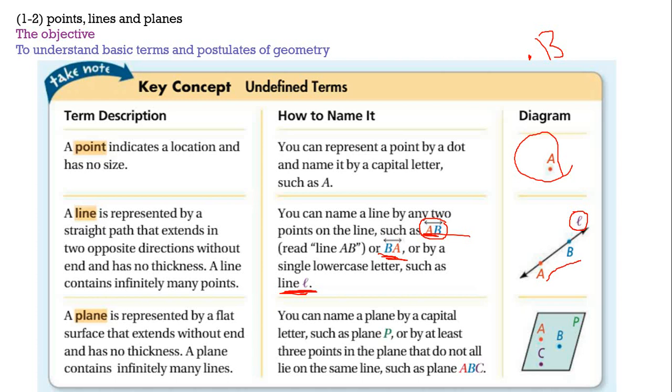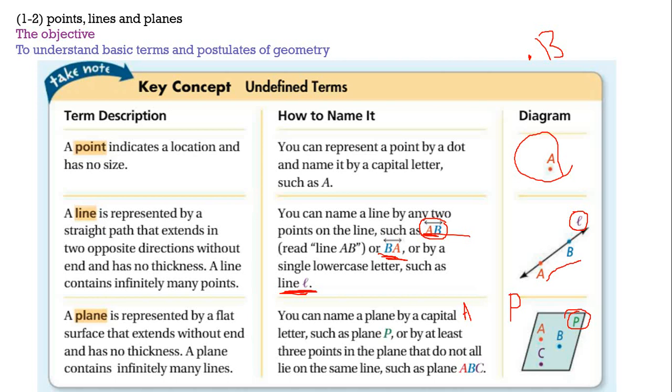We can represent this plane by a capital letter such as this P. So the name of this plane is P. Maybe we have another name sometime in another example, for example A, B, C, L, any capital letter. It depends on your example.